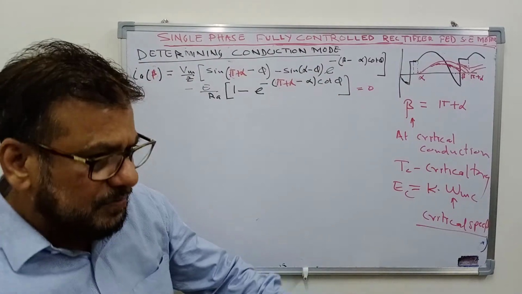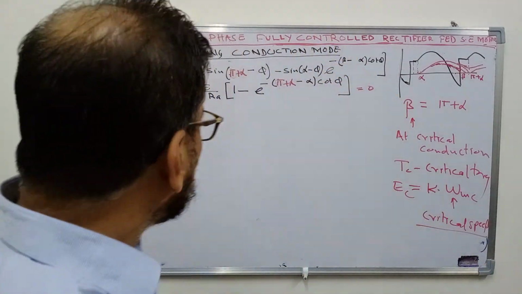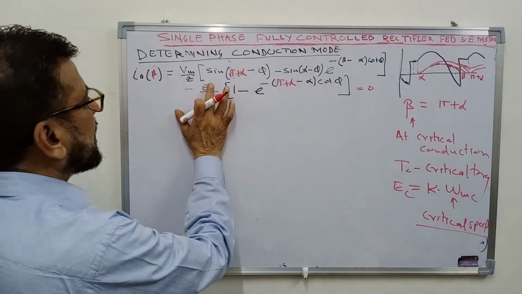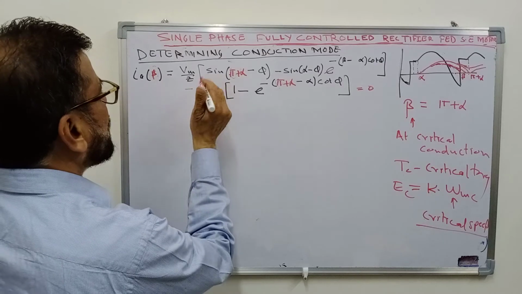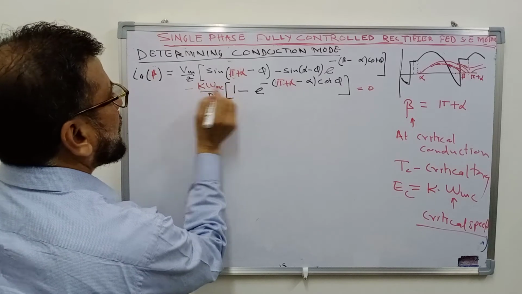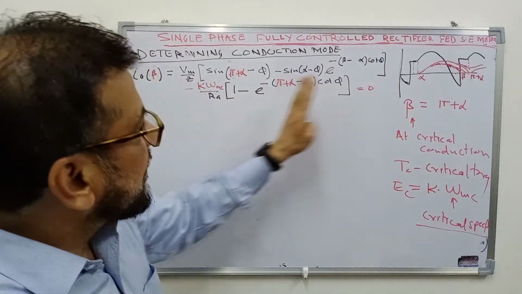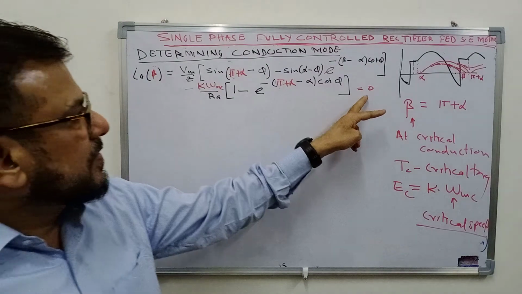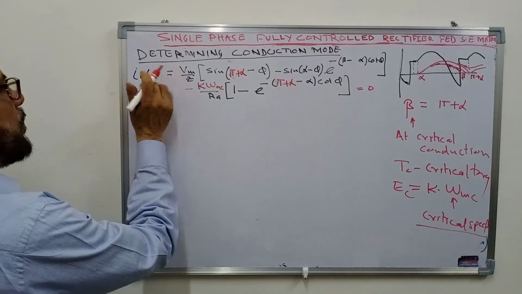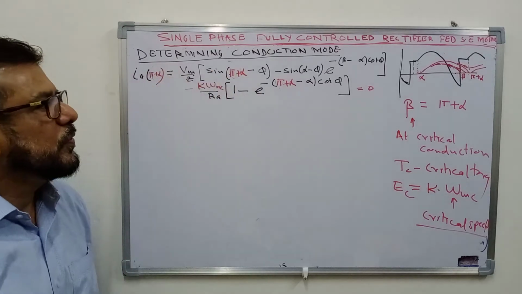If the speed is more than this speed, conduction will become discontinuous. So in that case, instead of E, you write E equal to K omega mc. So at critical conduction, this is the equation, and this current Ia at pi plus alpha is equal to 0.